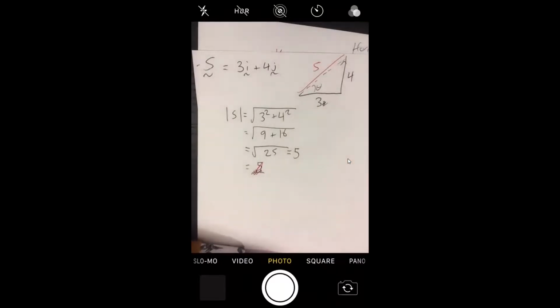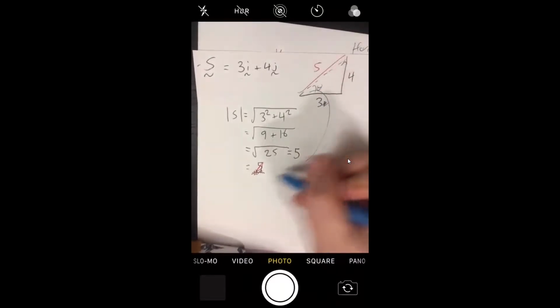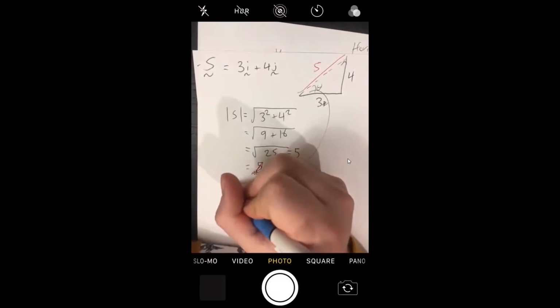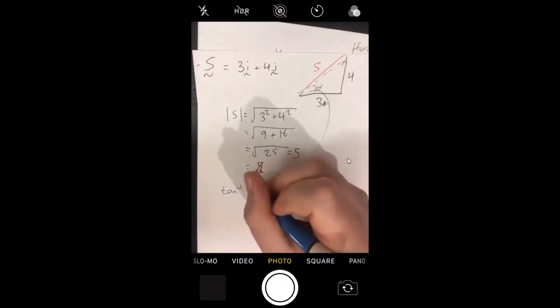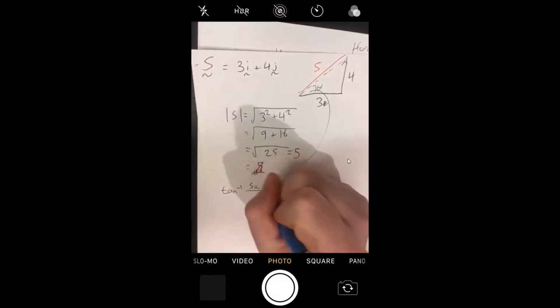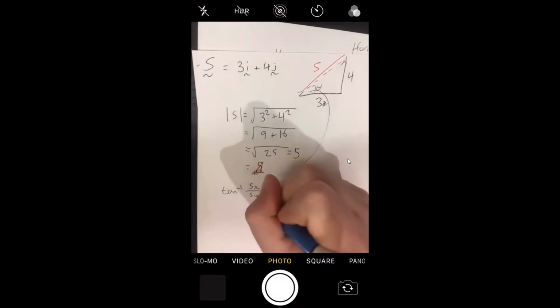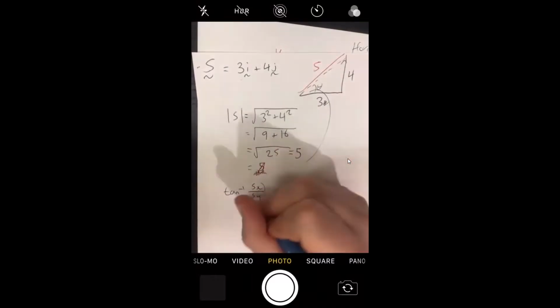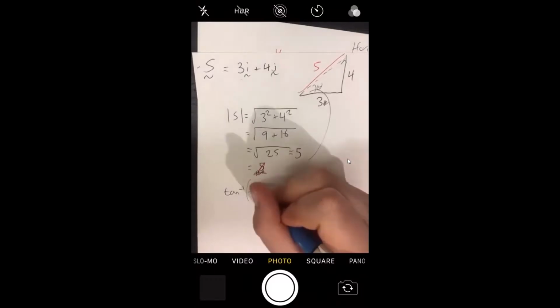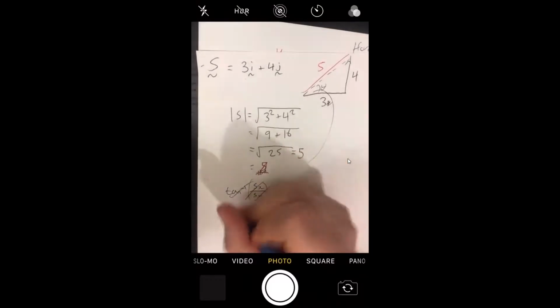The direction, which is this angle here, is going to be inverse tan of, in this case, I'm just going to go S_x over S_y. So the vertical, oops, I stuffed that up. I'm sorry.